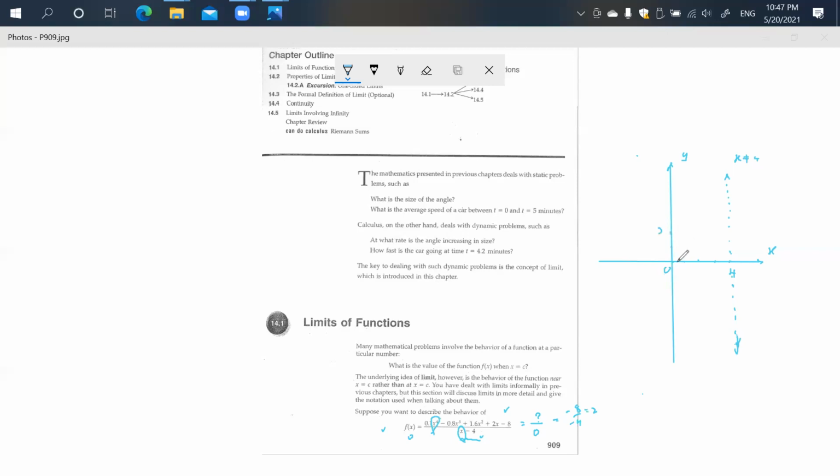And then you replace x with 0.1 or something, keep approaching. Now when you plot the graph here, at this point there will be some value, which is an open dot.